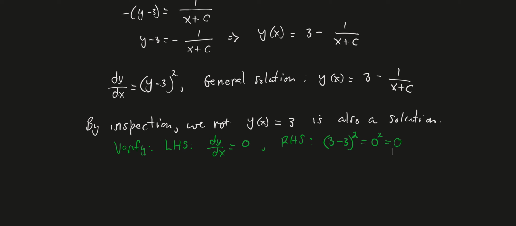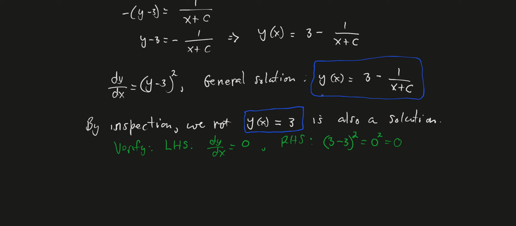So this is kind of interesting then, right? So what do we have here? We have our nice general solution that we get by using calculus. And then we have this other solution, I'll just call it another solution here, that we didn't really get from a particular process, but we were able, just by observation, looking at what the differential equation is doing, to say, well, y equals 3 would also work, right?